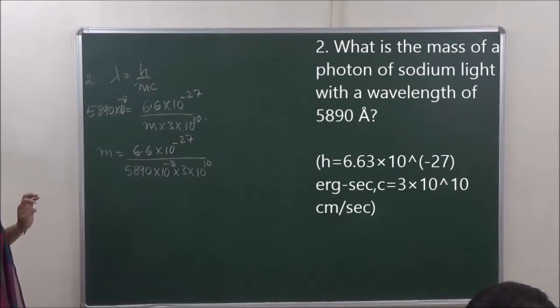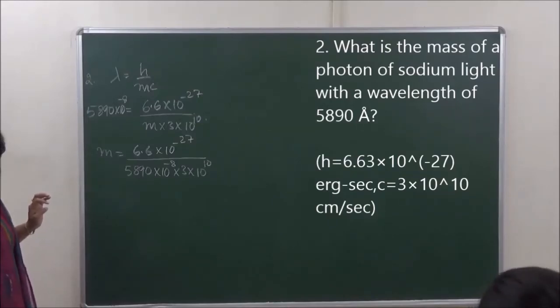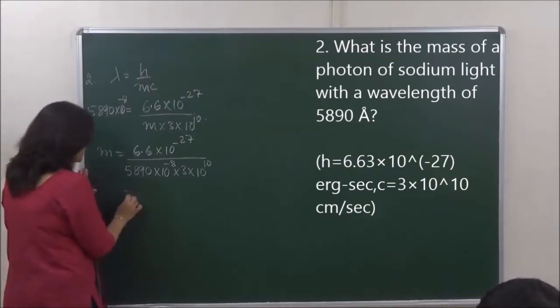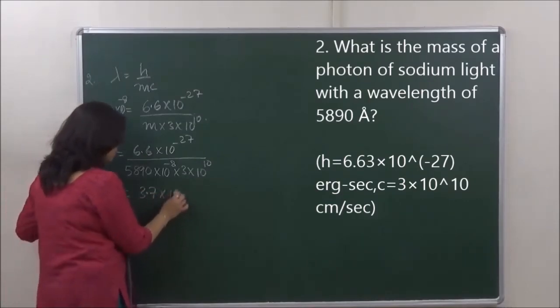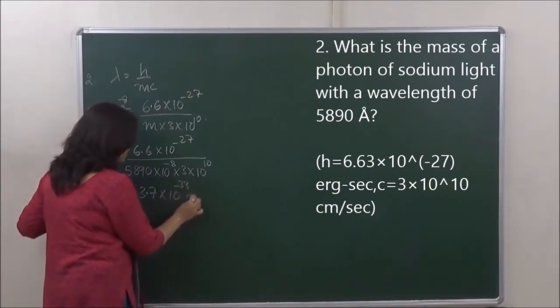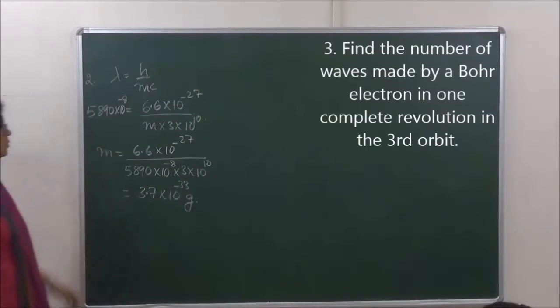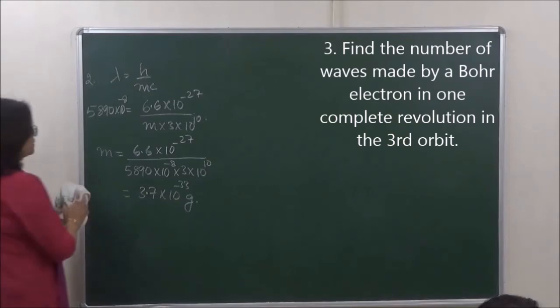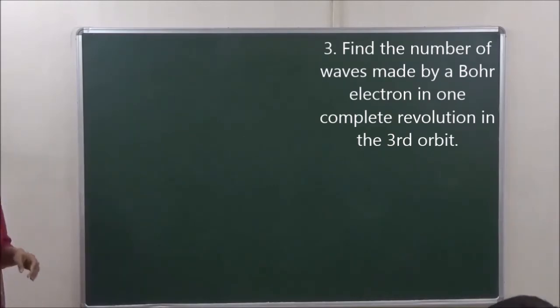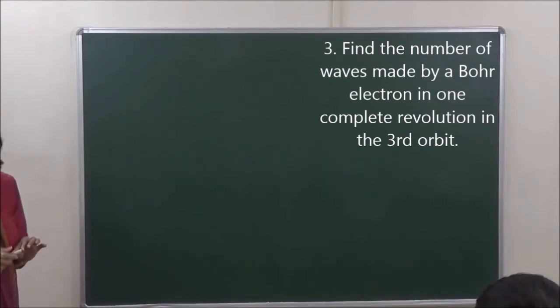Okay, so when we calculate m over here, it becomes equal to 3.7 into 10 raised to power minus 33 grams. Right? Let's go to question number 3. Question number 3: find the number of waves made by a Bohr electron in one complete revolution in the third orbit.